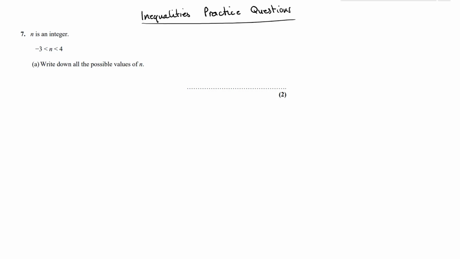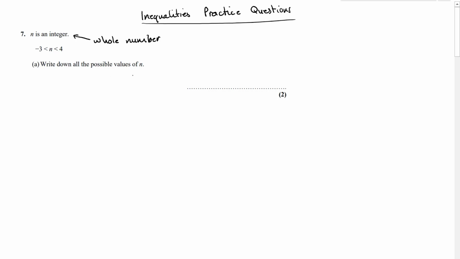So let's start off with this question. We've been given that n is an integer. So integer meaning that it's a whole number. So it has to be like 1, 2, 3. It can't be like 0.5 or 0.7 or something like that. All the possible values of n. So n is between minus 3 and 4, but it's not equal to minus 3 and it's not equal to 4.